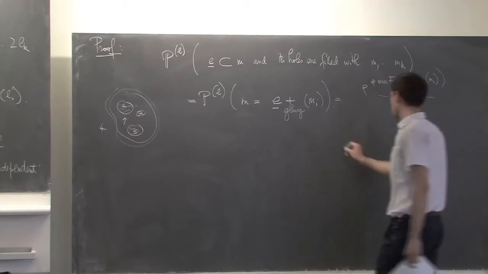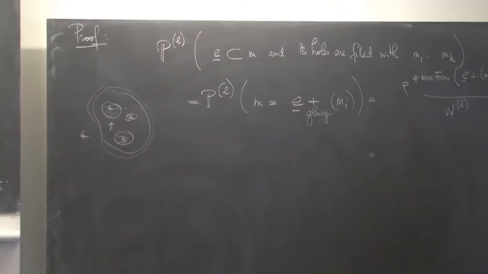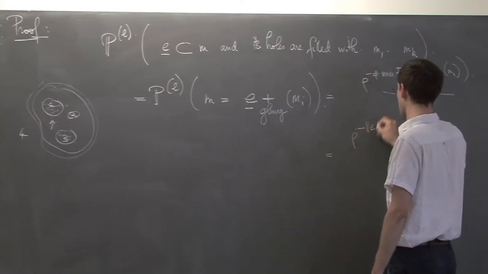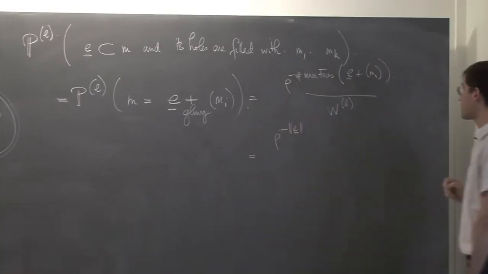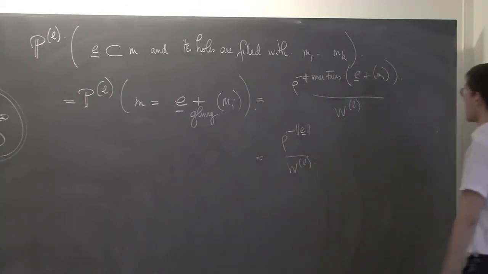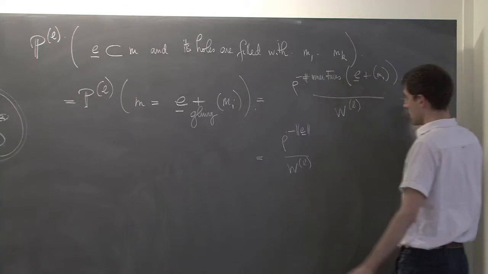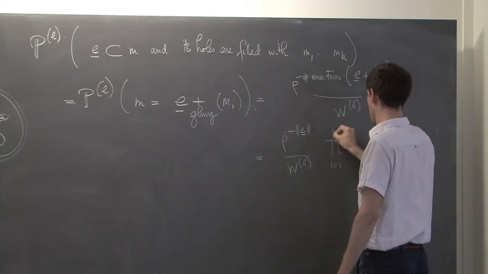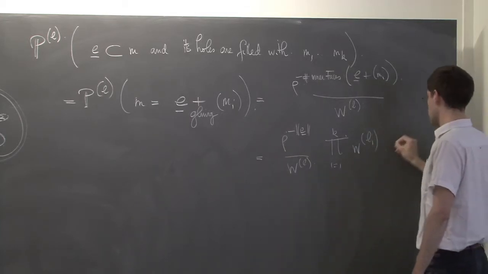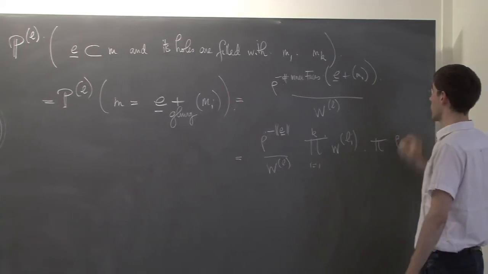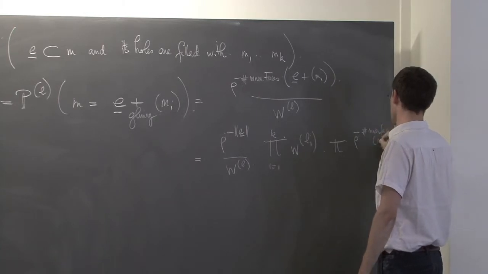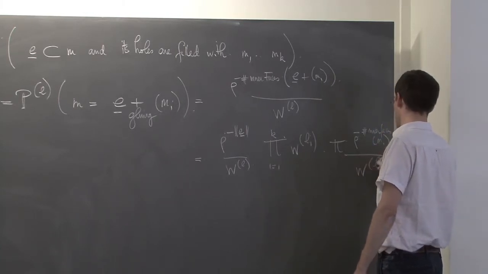But you can rewrite this exactly as rho to the number of inner faces of your explored map divided by WL, times, you single out the partition functions for these guys, and here you make the product, so rho to the minus number of inner faces of Mi divided by W of Li.